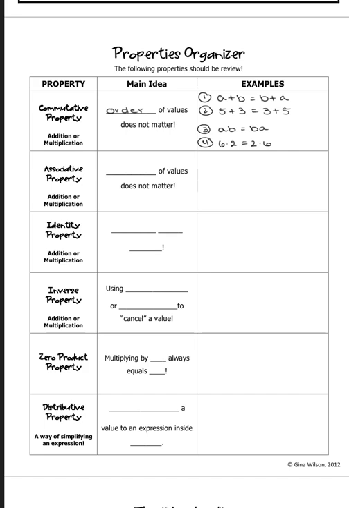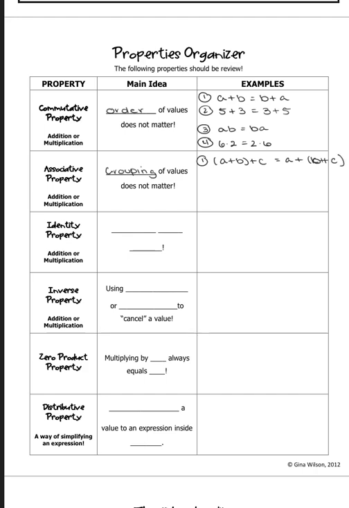With the associative property, this also only applies to addition or multiplication. The grouping of values does not matter. For example, if I have A plus B in parentheses plus C, I would get the same result if I have A plus B and C grouped together.